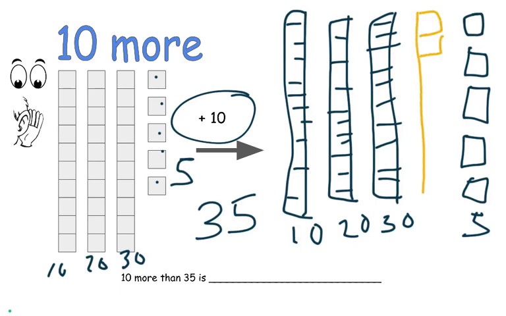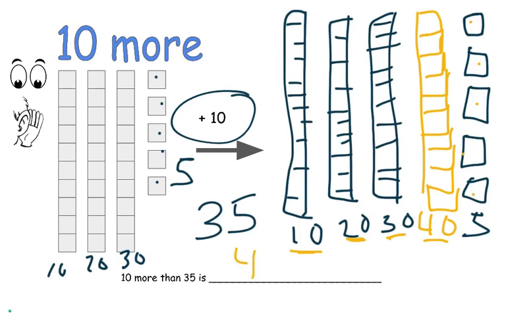Sorry, 10 more. 2, 3, 4, 5, 6, 7, 8, 9, 10. So this is 10 more. So I have 10, 20, 30. This is going to be 40, 41, 42, 43, 44, 45. 45. Good.